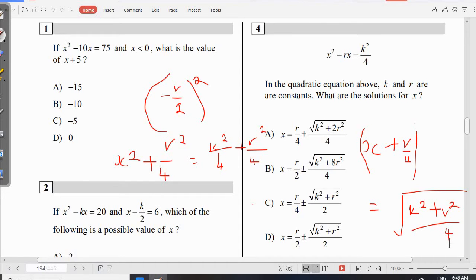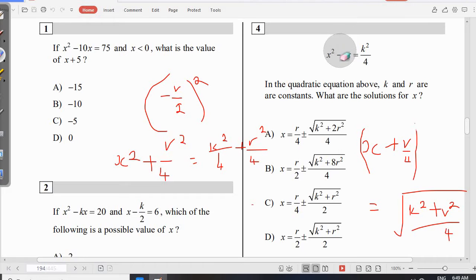So since we're having that, this is kx plus r over 4. So let's move the r over 4 to this side. You'll be having... oh sorry, there was a minus here.